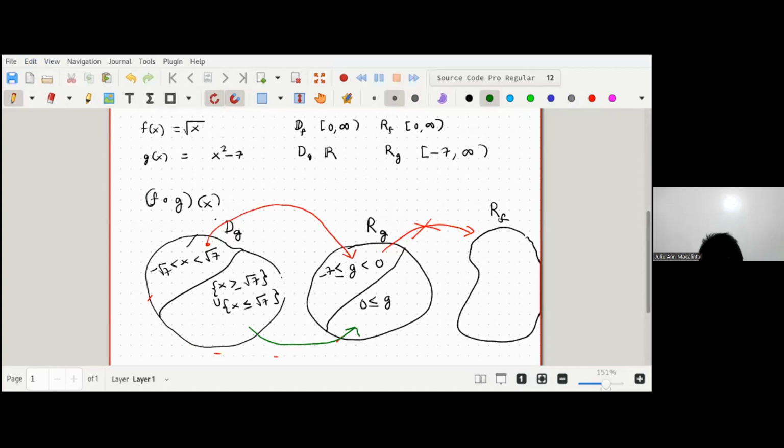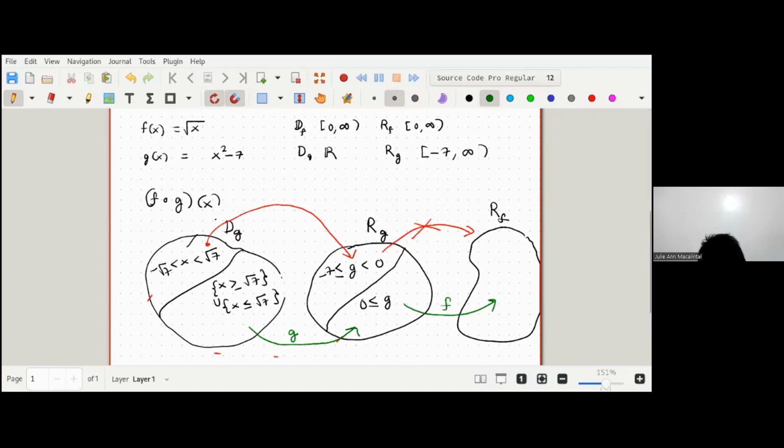Ngayon, yung square root of x squared minus 7, so here, positive values of g na, and then it's going to be mapped by square root of x into the range. So ito, this is the map g.